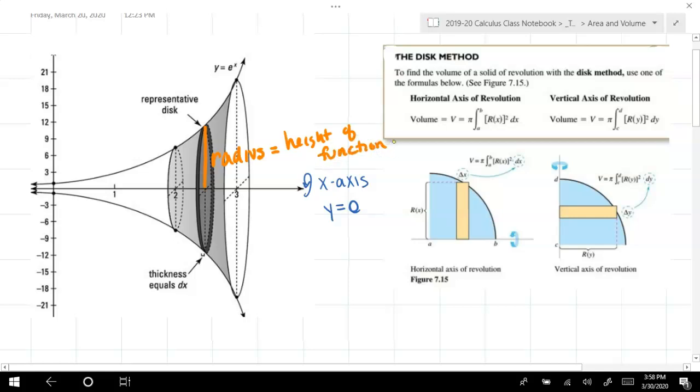So this is called the outer radius. So I should label that capital R. And the inner radius in this case is 0, y equals 0. Here's the equation right here. We don't come up from the axis at all.